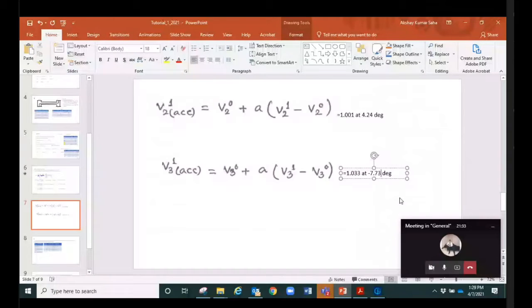So we calculated the Gauss-Seidel method for first iteration, and then we used the first iteration values for acceleration.